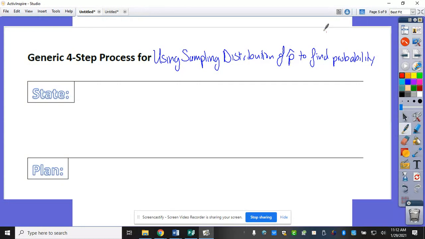And because we're going to end up having a lot of these, this is four-step process number 1. It helps to keep them organized by the fact that this was done in chapter 7.